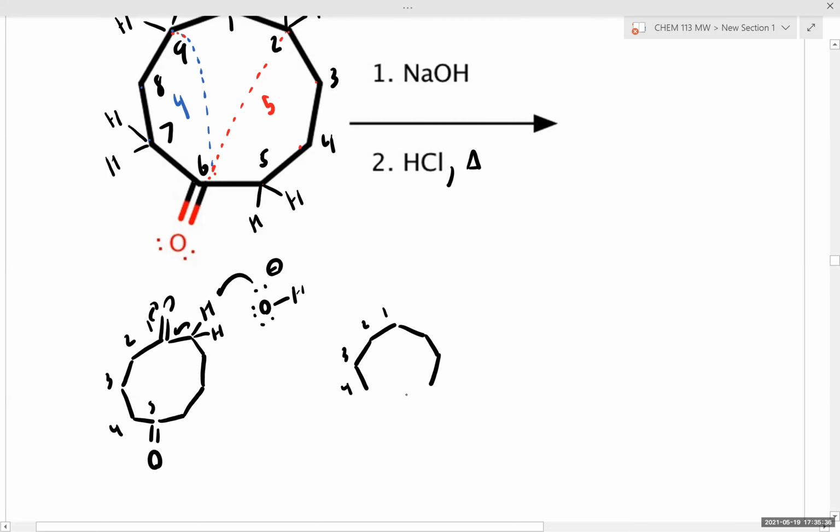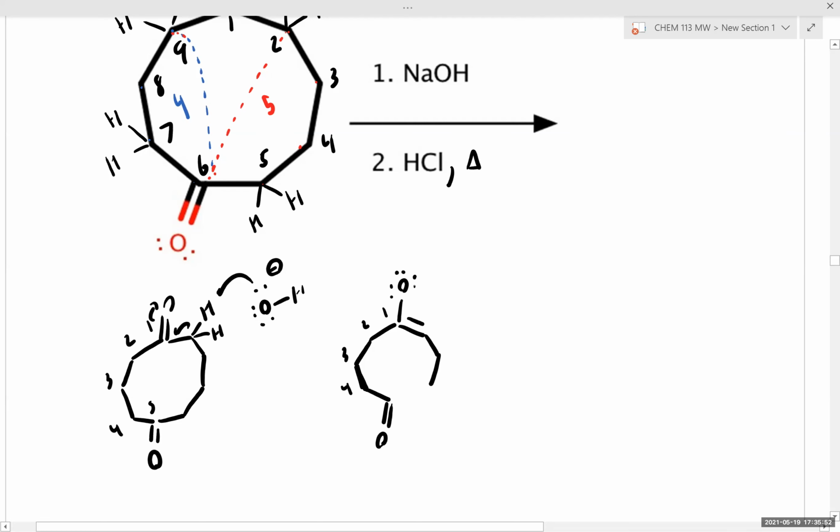One more carbon. Okay, so we've generated our enolate.